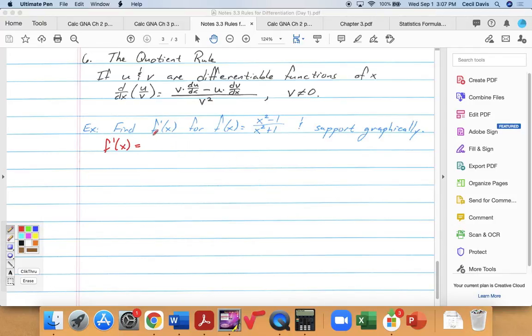So the denominator first, x squared plus 1, times the derivative of the numerator, 2x, minus the numerator, x squared minus 1, times the derivative of the denominator, which is also 2x, all over x squared plus 1 quantity squared.